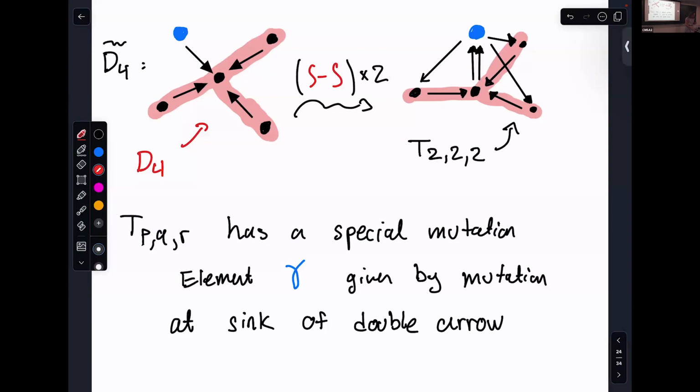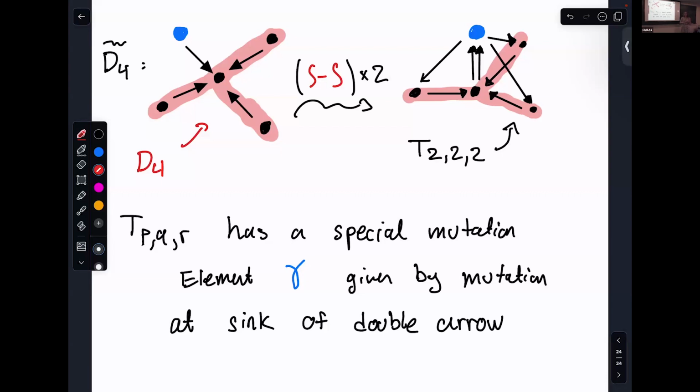Okay, something I want to point out: these TPQRs have a special mutation element, which I'm going to call gamma, which is basically just a mutation at the blue node. You should be able to convince yourself this is the calculation I showed in the example quiver at the beginning, that you actually get the same quiver back again, just switching the blue node with the black node underneath it.